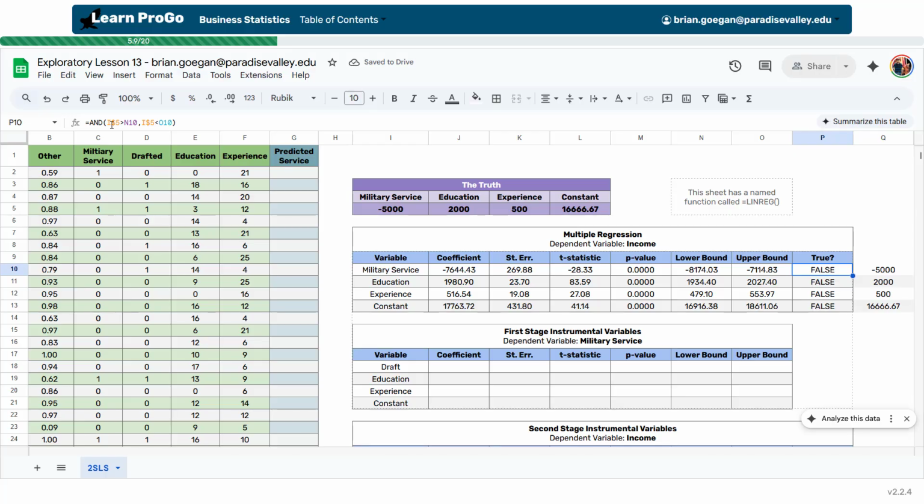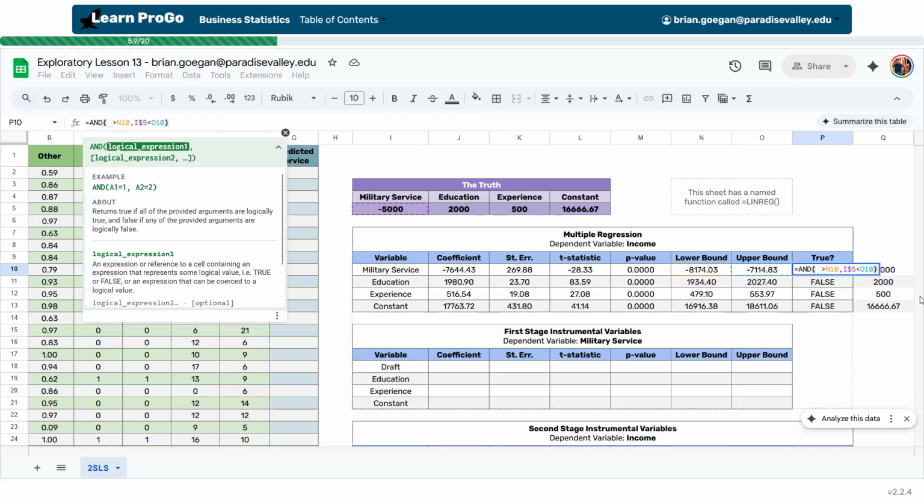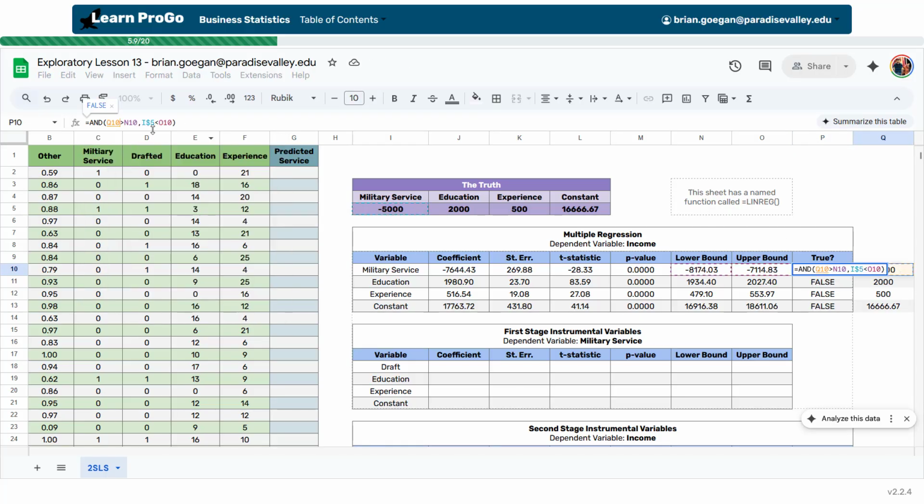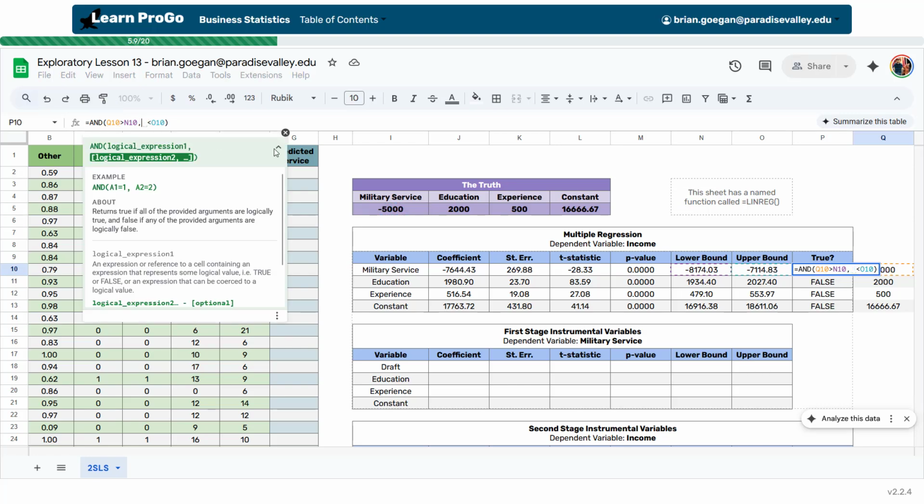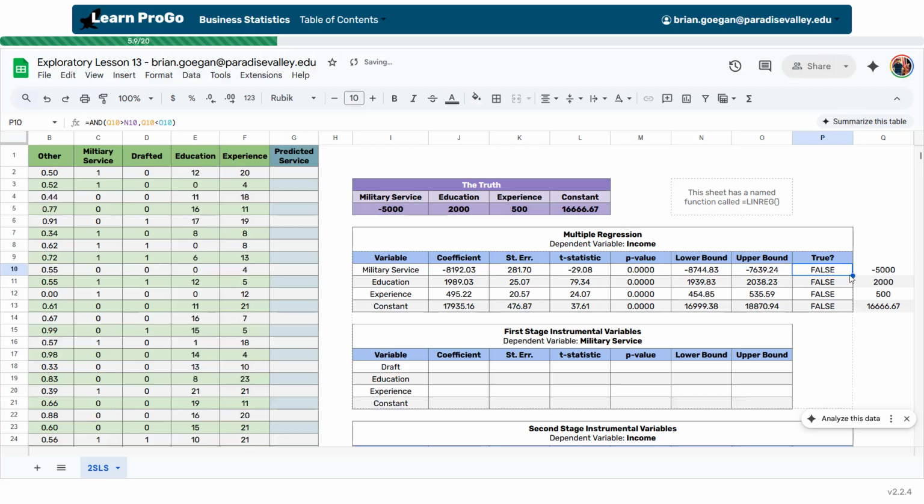And then instead of I5, I can point at Q10, which will stay the same. And now I can just drag this down, and this will point at the correct one, and we can see these other ones it's getting right. Those aren't biased by the randomness of the universe.